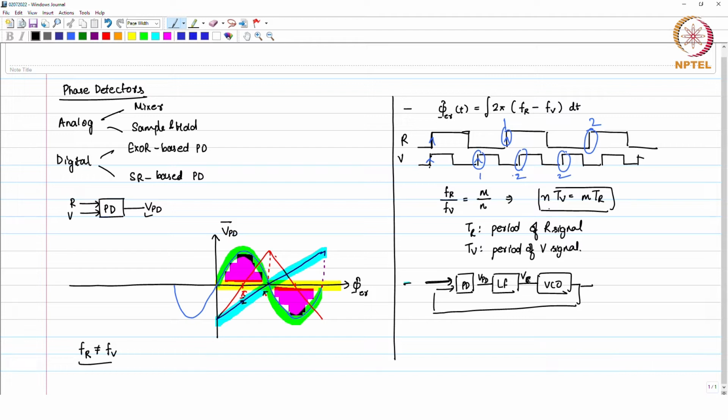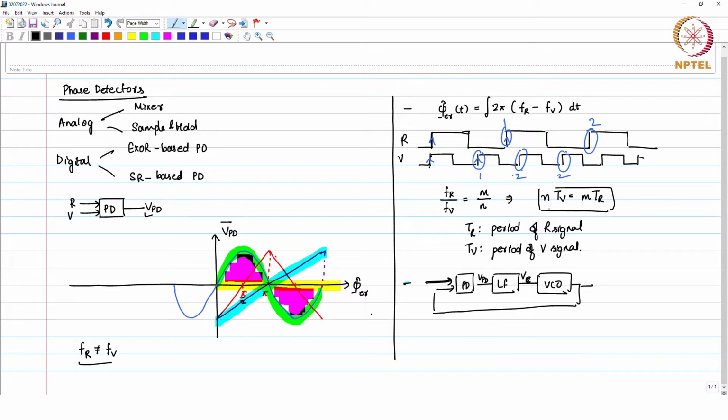So, we have seen multiple cases where your phase error exceeds 2 pi, then also you recover, or your phase error does not exceed 2 pi, and then also you recover, right. So, all those things were happening in the closed loop. Okay.